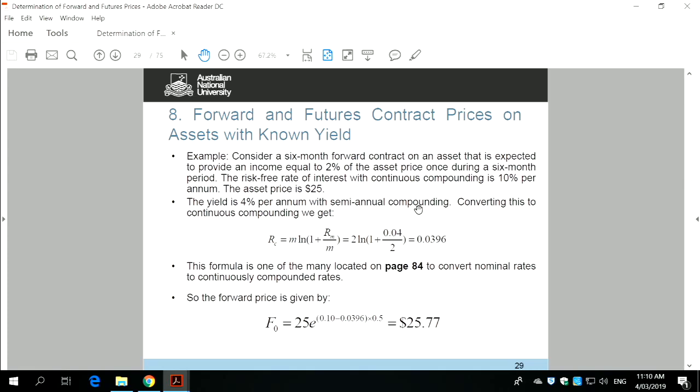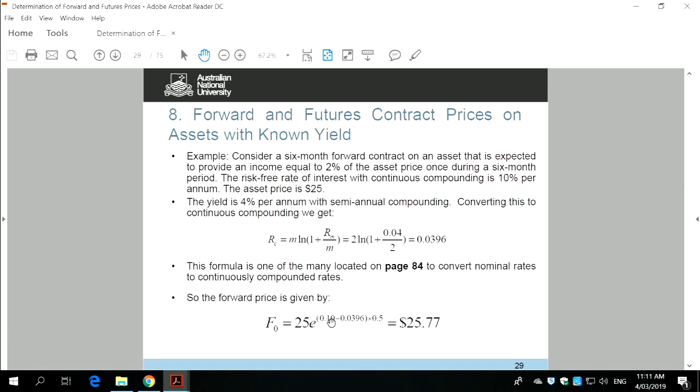Remember, before the break, I mentioned when you do the question, always convert the rate into continuous compounding. How do we do that? We use this equation here. We know that the frequency is twice a year, multiplied by the natural logarithm of 1 plus 2% every 6 months, so that's 4% divided by 2. And we get a continuously compounded rate of 3.96%.